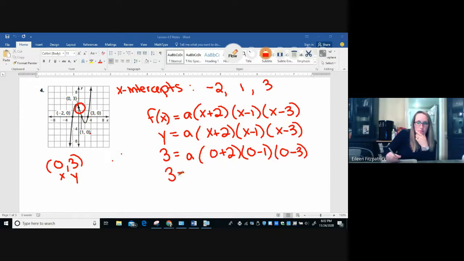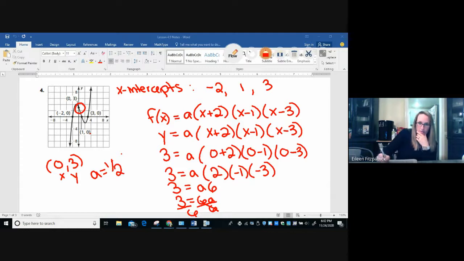So inside parentheses, simplify first. You have 2, -1, -3. Let's do the multiplication. So I have 2 times negative 1, that's negative 2. Negative 2 times negative 3 is a positive 6. Let's rewrite it as 6a. Divide both sides by 6. And you have a is equal to 1/2.